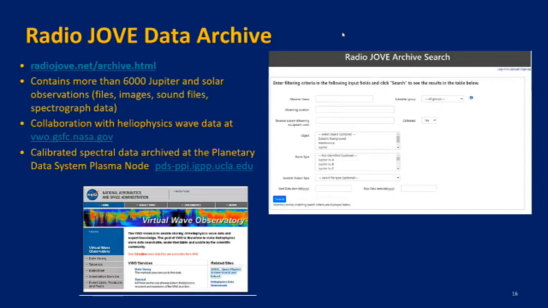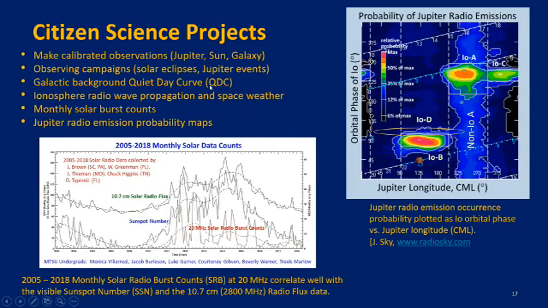And even our more advanced data are being archived at professional archives. So we're hoping that the more advanced sites we have, we can do some more science with them. So we have professional archiving done.